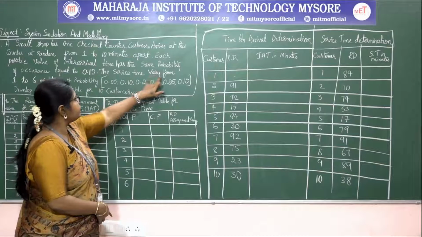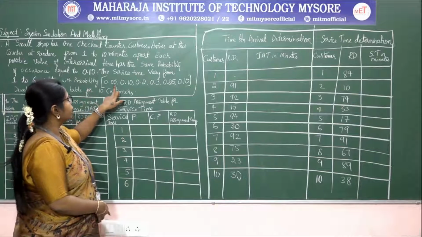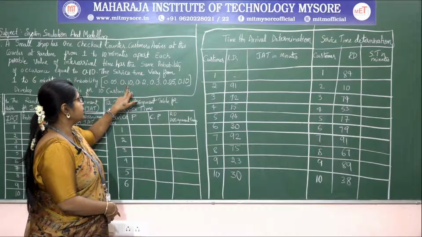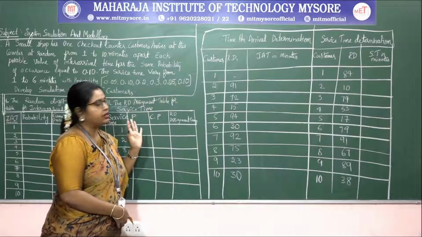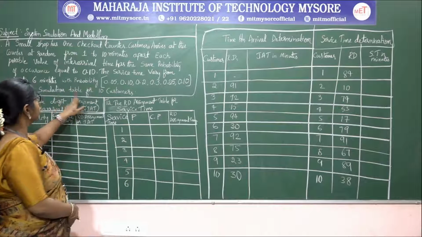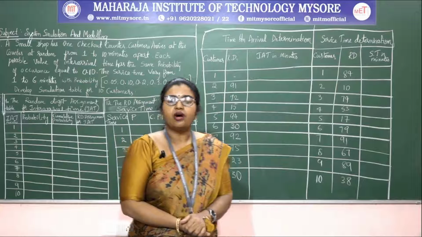The service time varies from 1 to 6 minutes with the probabilities 0.05, 0.10, that is 20%, 30%, 25% and 10%, and develop the simulation table for 10 different customers. So this is our problem.